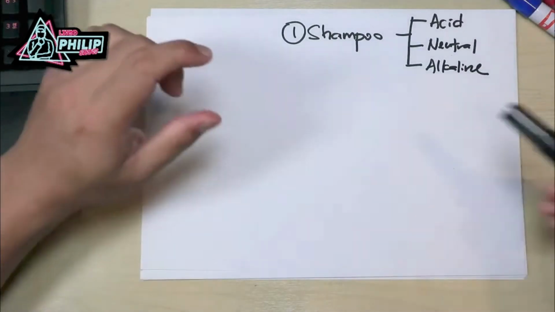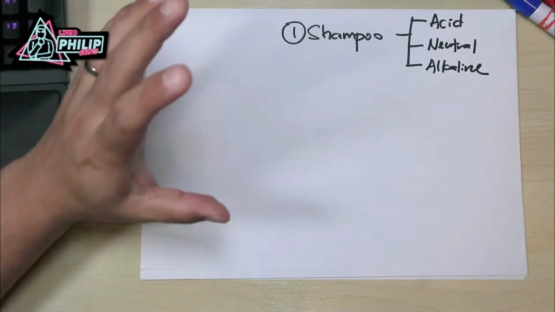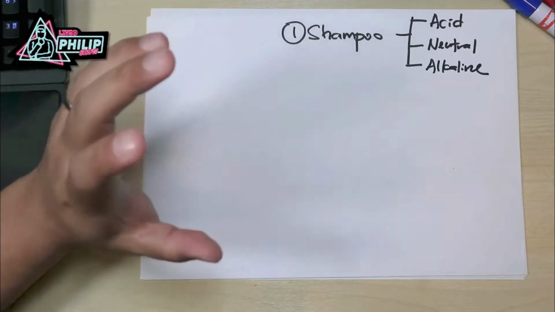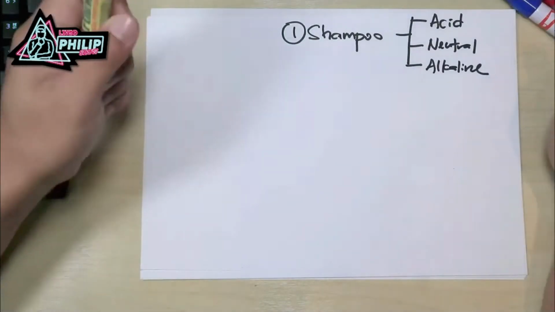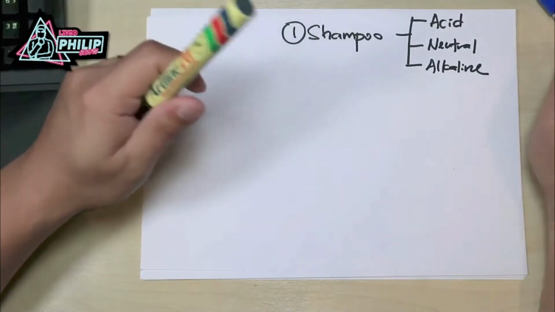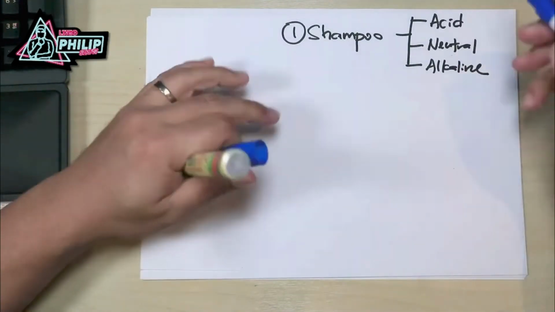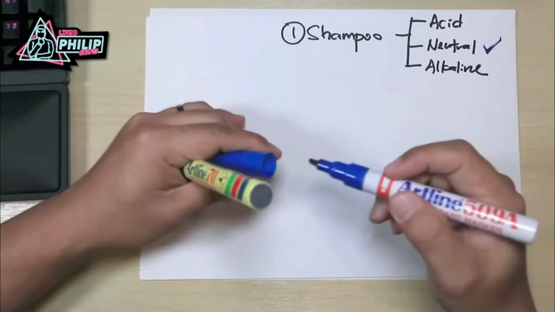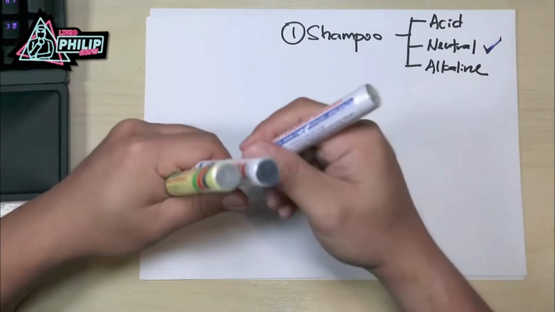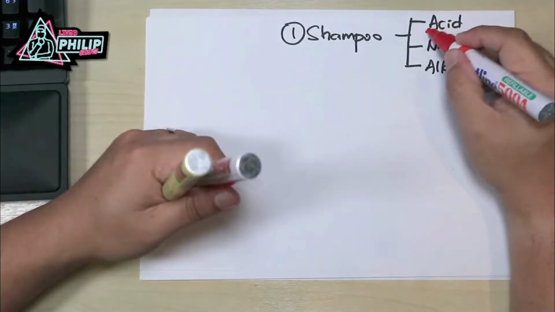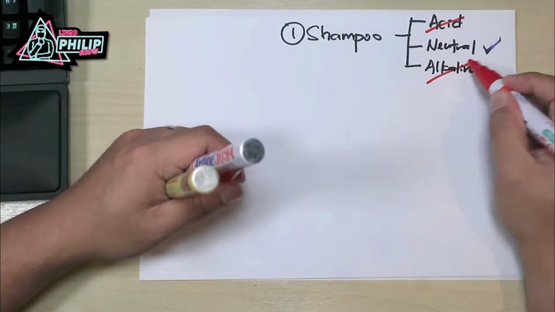When we wash our cars, it's important for us to choose which shampoo to use. But to be safe, we usually recommend our clients to use a neutral shampoo, because most of us do not know how to use acidic or alkaline shampoo.